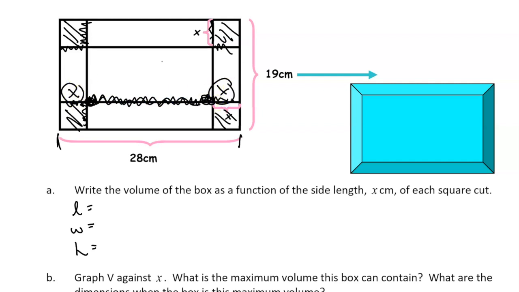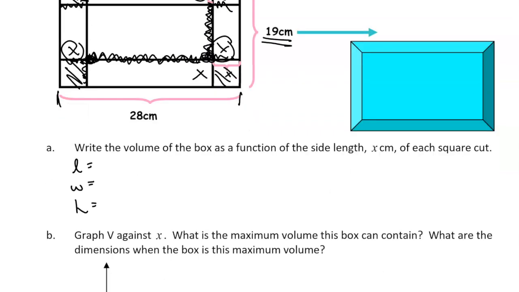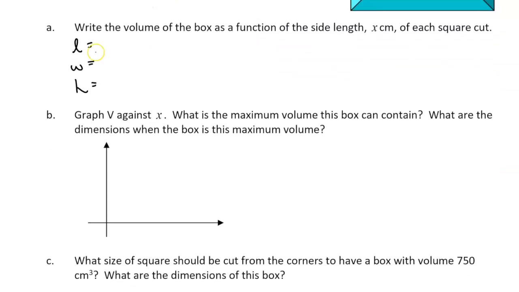Just like the full width of the box is going to be the full 19 take away 2 x's. So the dimensions of your box would be a length of 28 subtract 2x and a width of 19 minus 2x. And then the height of the box is going to be x.